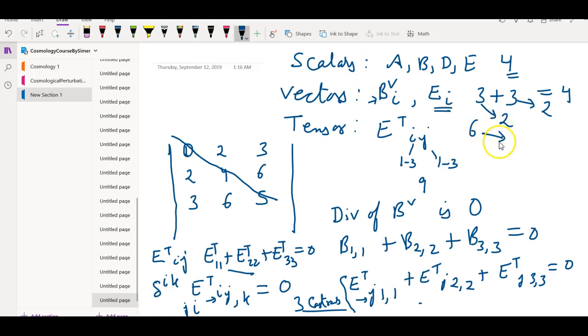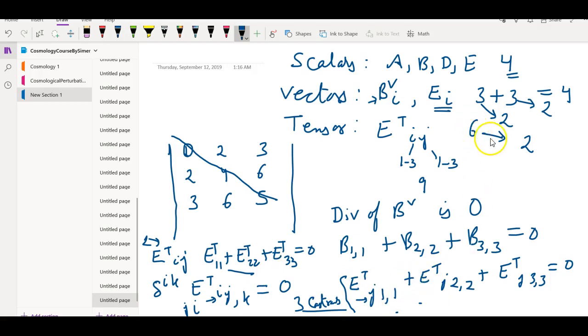So the degrees of freedom will reduce from 6 to 2 because of the 4 constraints.